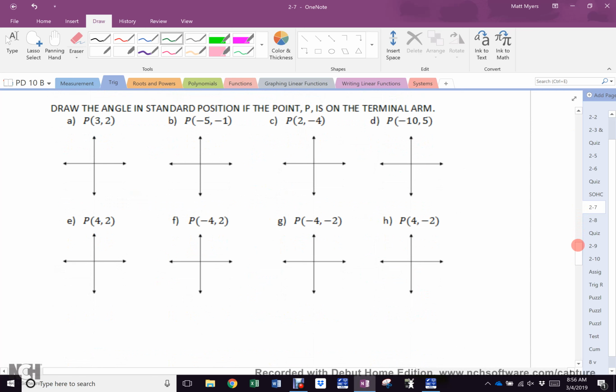We are going to bring grade 9 use of the coordinate grid into grade 10 here. So, draw the angle if the point P, this point, is on the terminal arm, which means that the terminal arm must do what? If that point is on the terminal arm, then what do you know the terminal arm does?